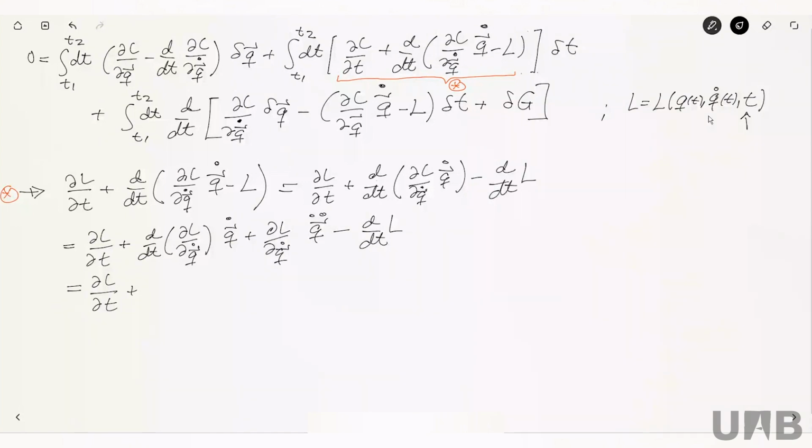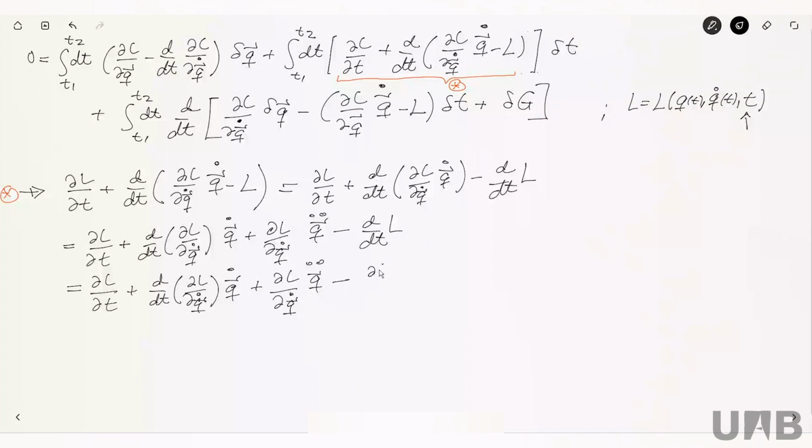Okay, so this is the derivative with respect to time of the derivative of the Lagrangian with respect to q dot, times q dot, plus the derivative of the Lagrangian with respect to q dot times q double dot, minus, and now I have to take the total time derivative of the Lagrangian.